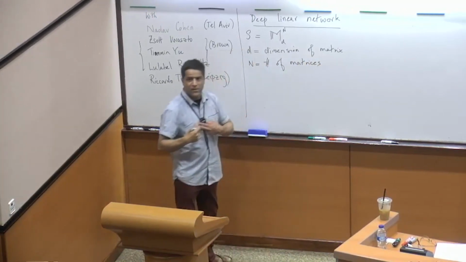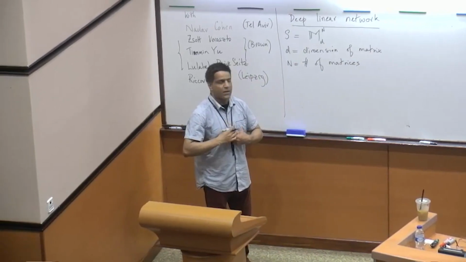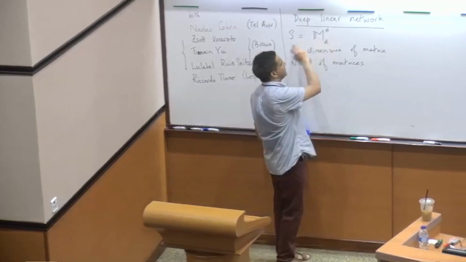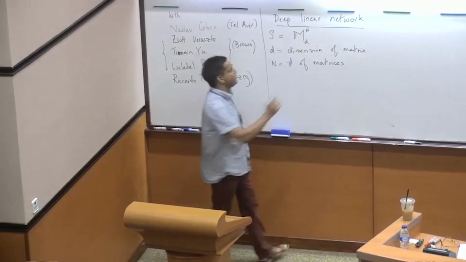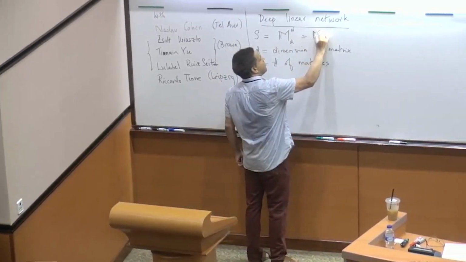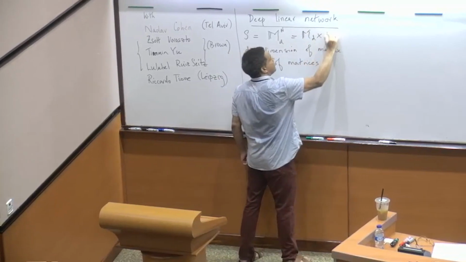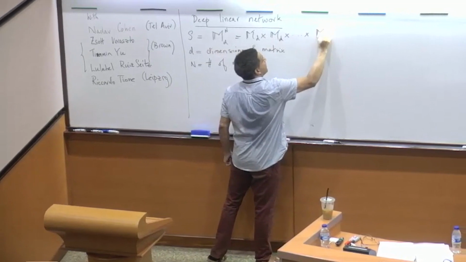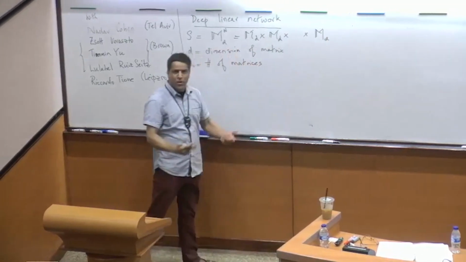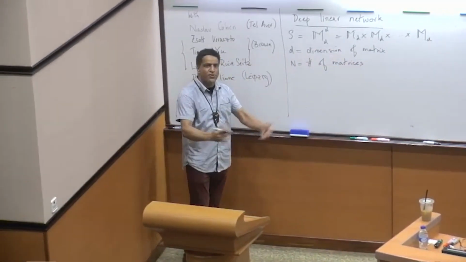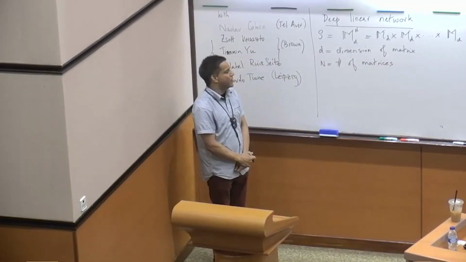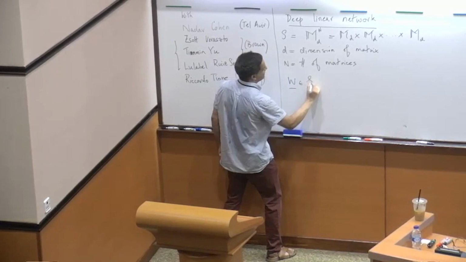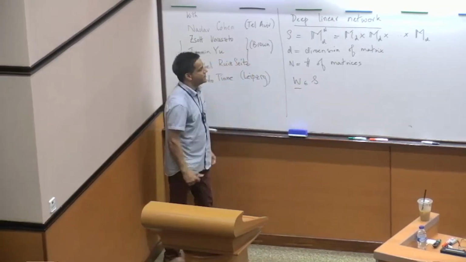By the way, is the sound bothering? Okay, good. And so our state space is going to be an n-fold product of matrices. This n-fold product is introduced to phenomenologically model overparameterization. And so an element in my state space I'm going to represent by a W with an underscore.